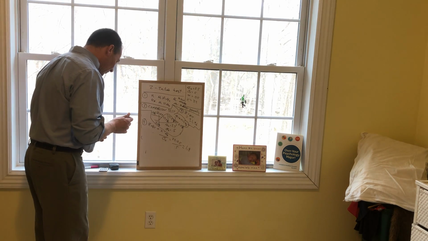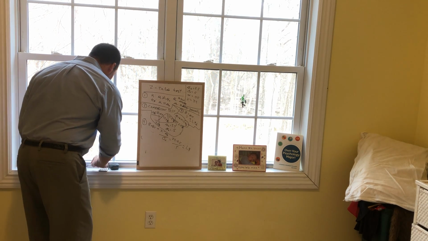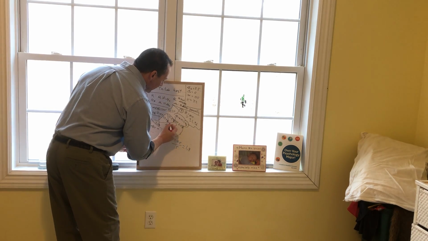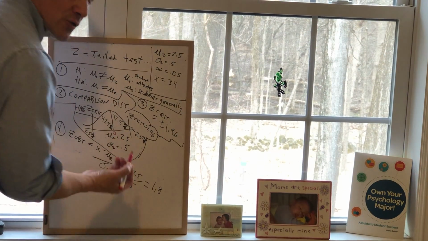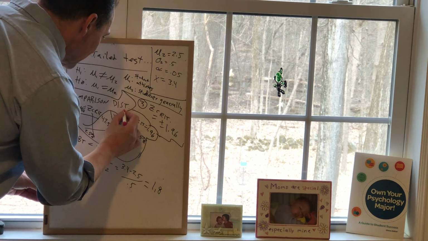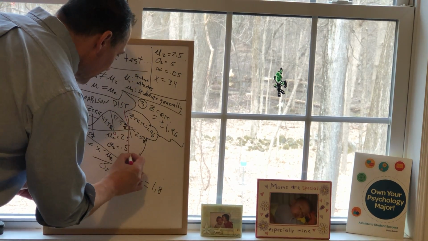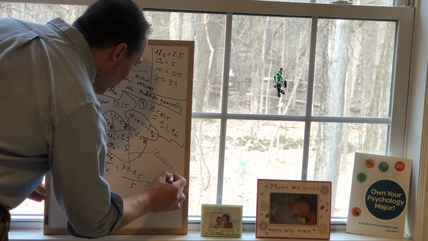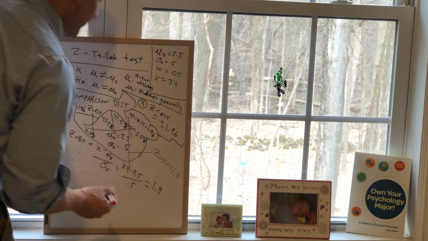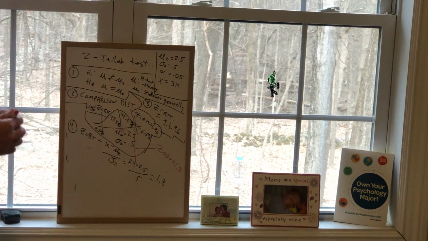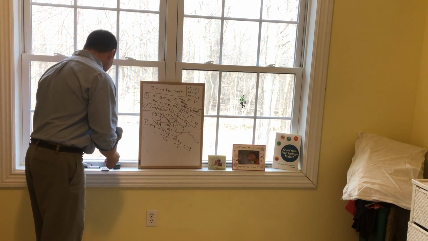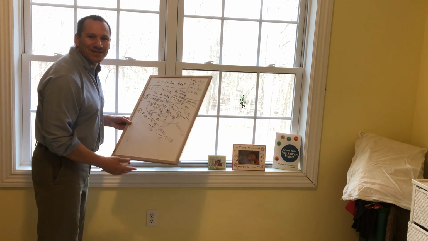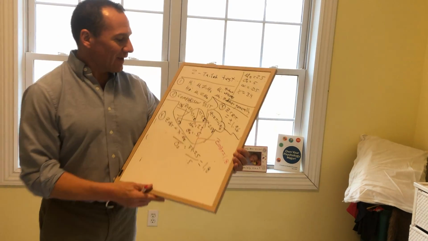Okay, I'm going to get out my little pink marker here. 1.8. Here's 1.96. Here's 0. A z of 0 is right in the middle. And z obtained equals 1.8. Okay, this is in hypothesis testing a kind of sad story, kids. Do you see it? I'll show it to you.